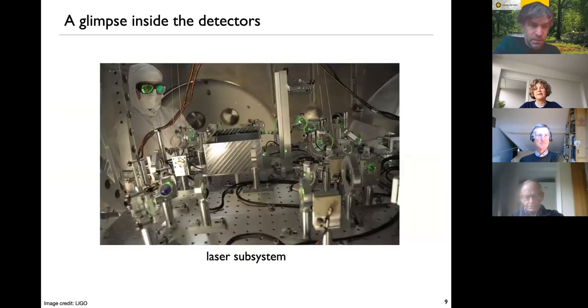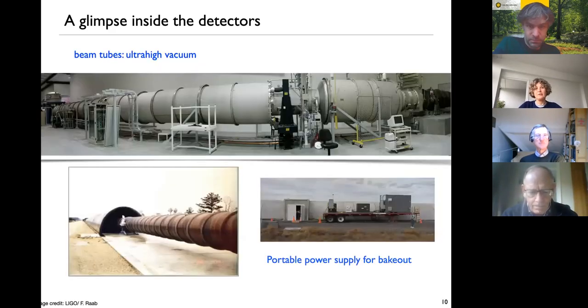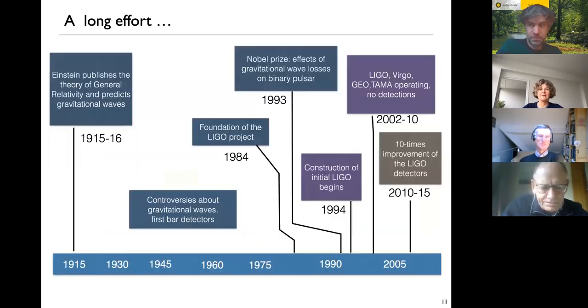And also, lastly, you can see here the laser system is a much more sophisticated setup. There are all kinds of cavities to enhance the propagation of the light. The beam tubes, all the 4 kilometers, are under ultra high vacuum, because one wants to avoid that the laser interacts with any residual gas particles. So a very big experimental effort has gone into this.